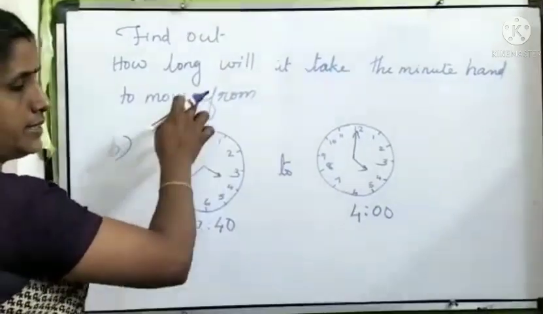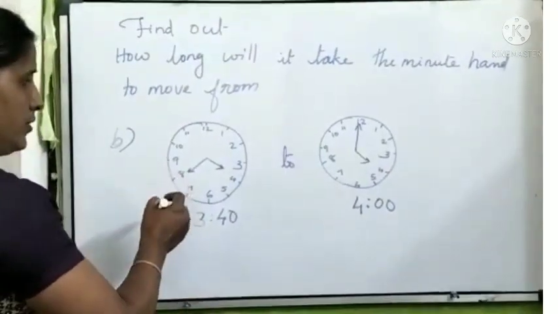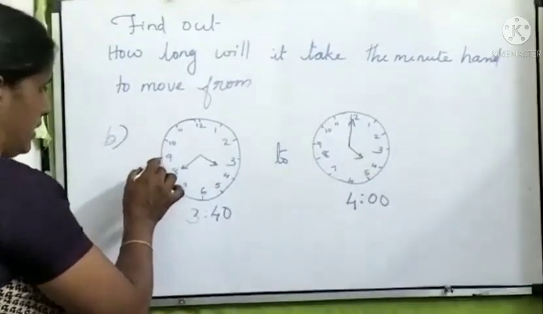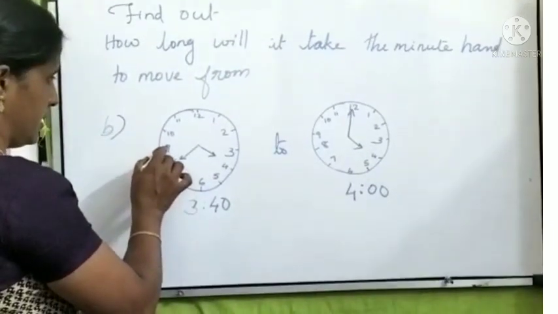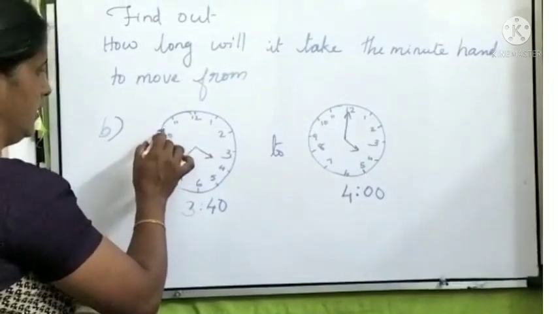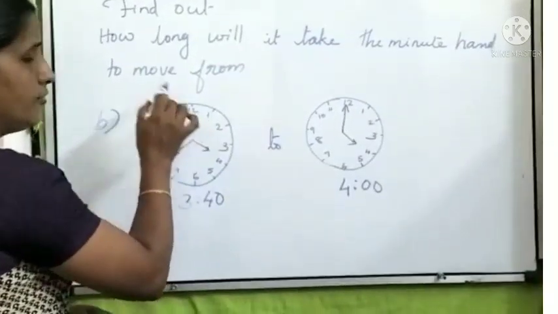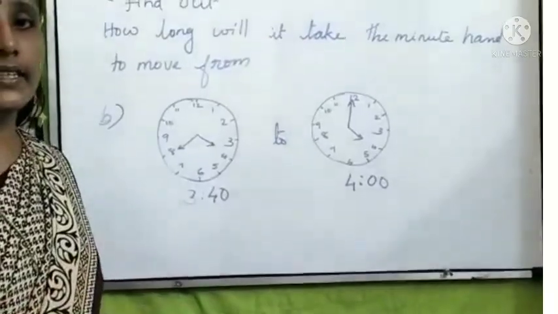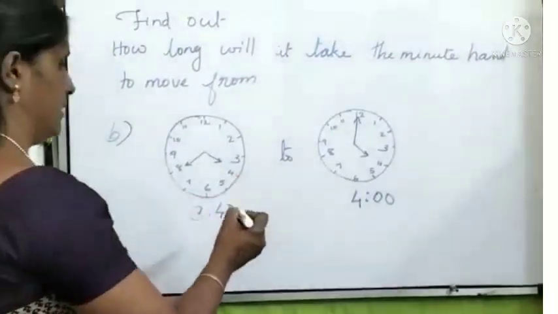How many minutes is that? We have to find it from the clock. 8 to 9 is 5, 9 to 10 is 5, again 5, again 5. So 5 plus 5 plus 5 plus 5. How many minutes are there? 20 minutes.